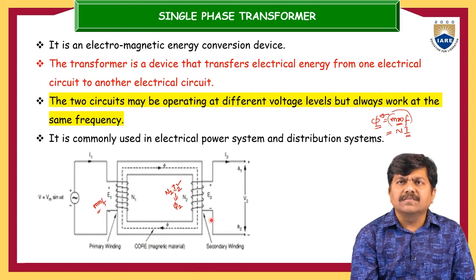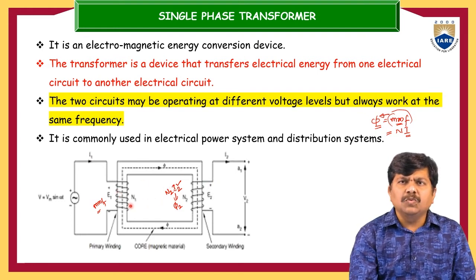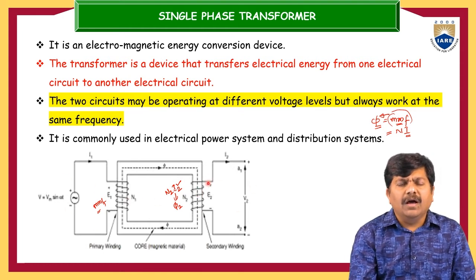It is also very important to remember that the primary and secondary are not electrically connected. The primary winding and secondary winding, or primary loop and secondary loop, are electrically separated but magnetically connected. There is no electrical connection between the primary loop and the secondary loop.